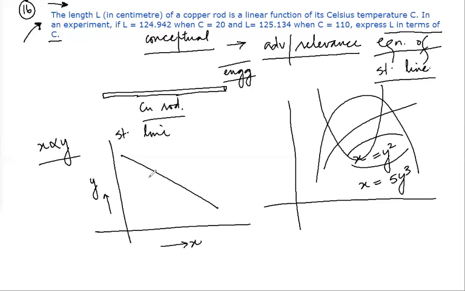Now, when we say the relationship between x and y is linear, that means if you plot different values of x and the corresponding values of y, what you will get on the graph is a straight line. This is exactly what he is telling. The length of a copper rod. This is a copper rod, students. He is trying to heat the copper rod.